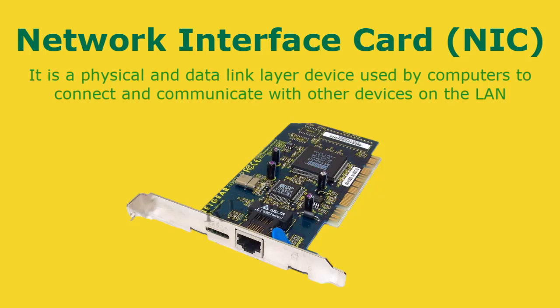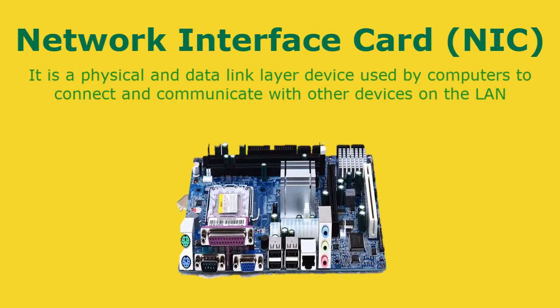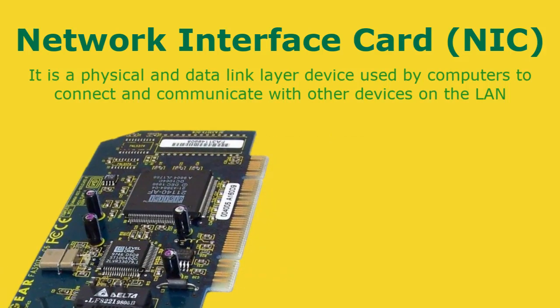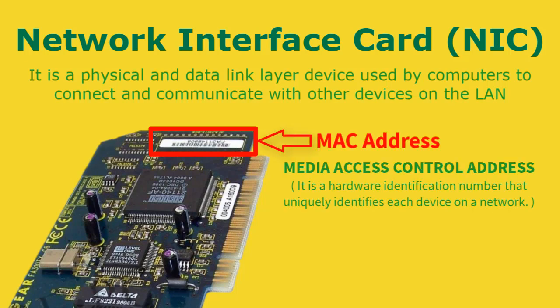The earliest Ethernet cards were external to the system and needed to be installed manually. In modern computer systems, it is an internal hardware component. The NIC manufacturer assigns a unique physical address to each NIC card. This physical address is called MAC address, or Media Access Control address.